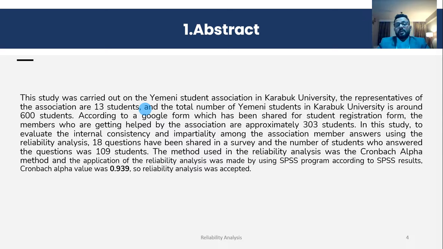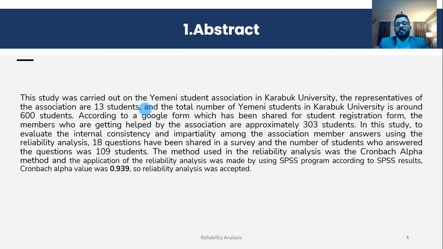In this study, to evaluate the internal consistency and impartiality among the association members' answers using reliability analysis, 18 questions were shared in a survey, and the number of students who answered was 109.